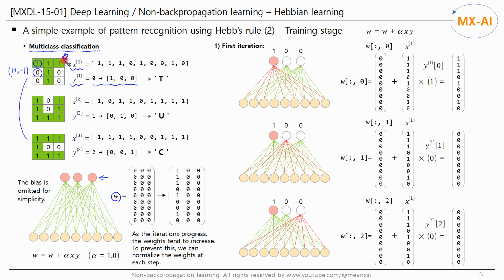Let's feed the first pattern into the network. We use this formula to update the 9 weights connected to the first output neuron. Then the first column vector of the weight matrix is updated as follows. We update the second and third column vectors of the weight matrix in the same way.